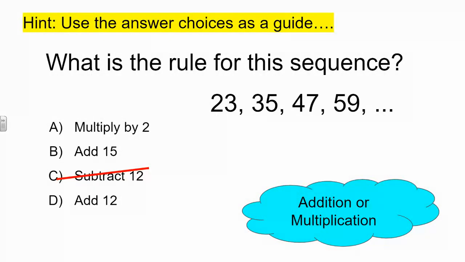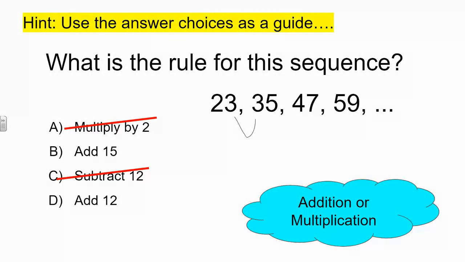But I can add anything and multiply anything, so I'm going to use the answer choices as a guide. I'm going to start with answer choice A. Could the rule be multiplied by 2? Well, on a little side sheet of paper, I did 23 times 2, and I got 46, not 35. So I know that it's not going to be times 2, so we are not multiplying by 2.